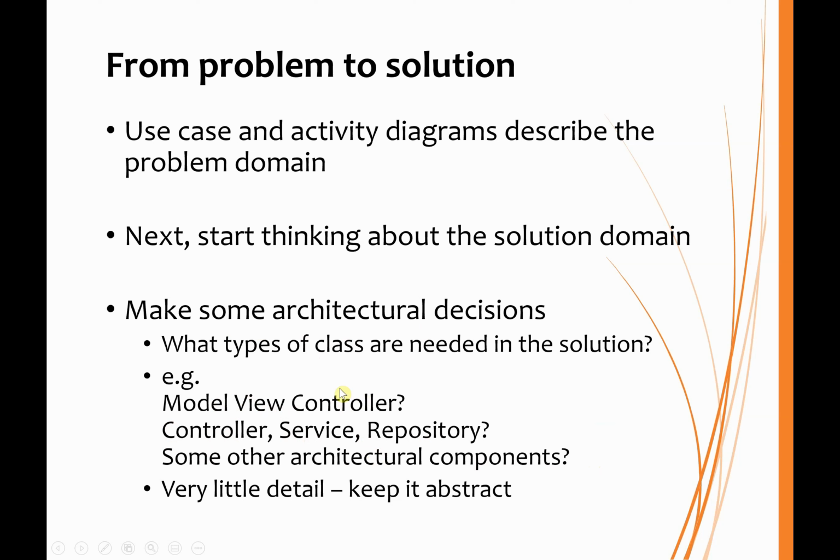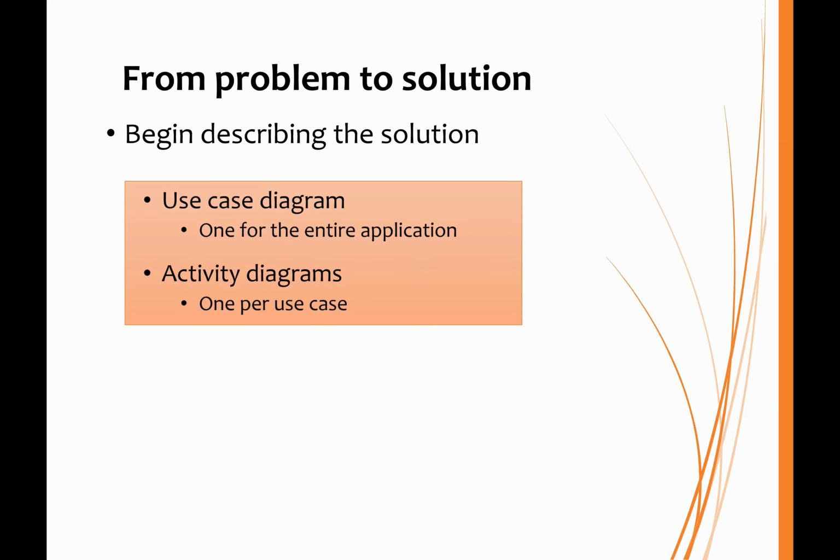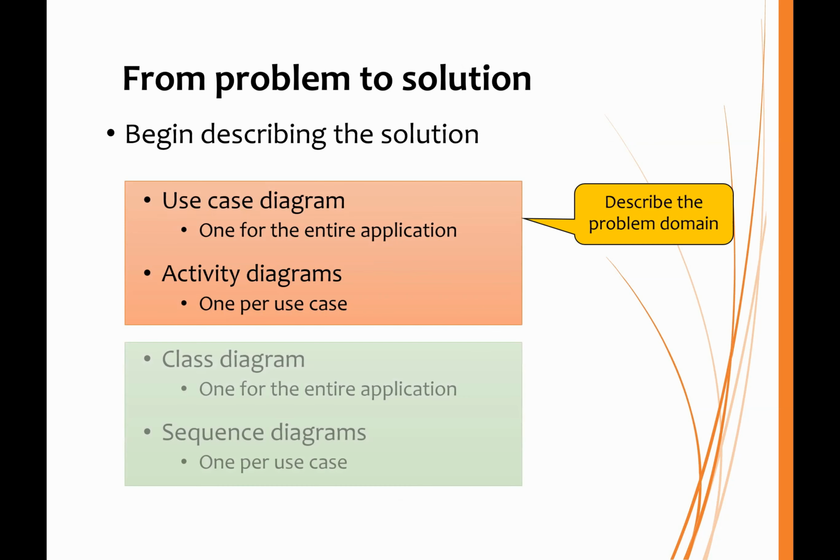At this stage, again, very little detail, keep it abstract, but we can start to think about the kinds of components that we want and how those components will interact. So let's begin describing the solution. We have described the problem in the use case and activity diagrams.